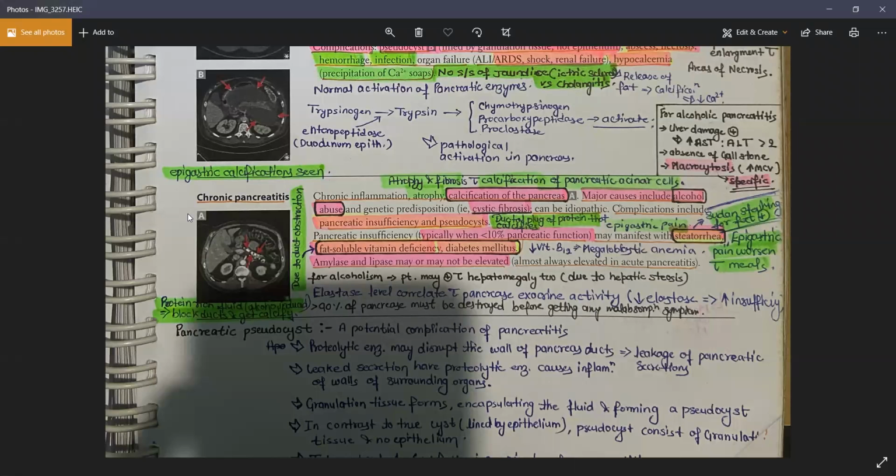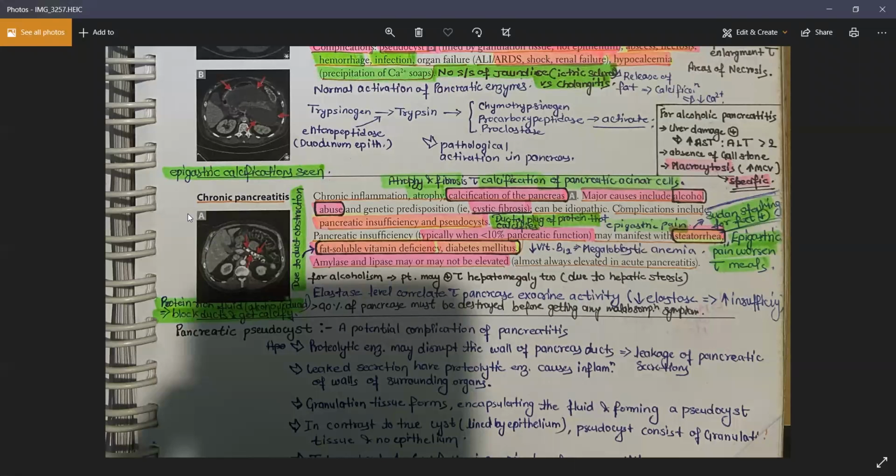If the solute amount is more than the liquid, they can block the duct, and the same thing happens with alcohol. So basically, there is protein-rich fluid inside the pancreas. Yeah, exactly.